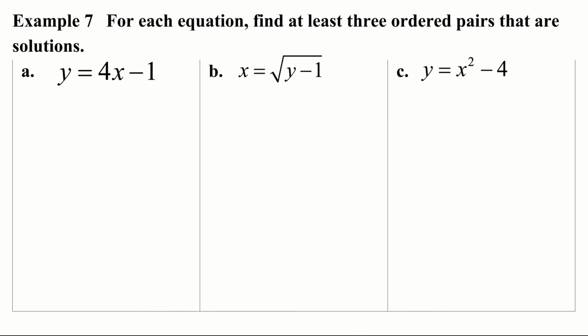All right, and the last thing we want to handle in this video is doing some simple graphing, but first by finding some solutions that we can graph. So in the first stage, we're just going to find some ordered pairs that satisfy each of these equations. So that's a very simple process.